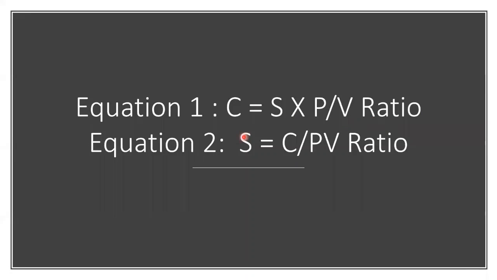Therefore, if sales is not given, but contribution is given and profit volume ratio is given, what we can do is contribution divided by profit volume ratio. That will give us sales. These are mathematical equation aspects, and this is how the equation will help us find missing information.